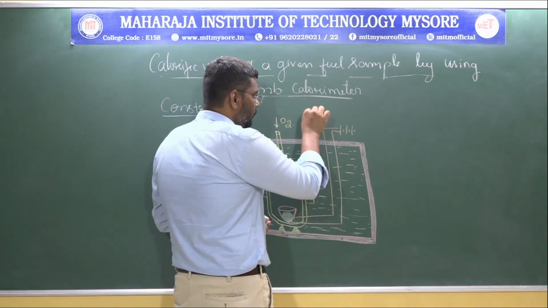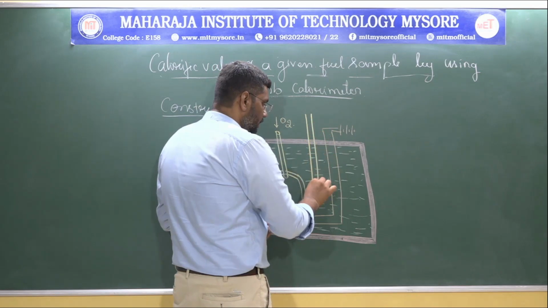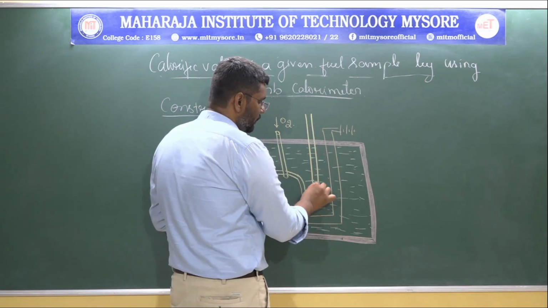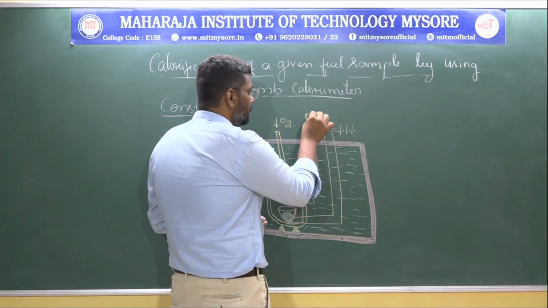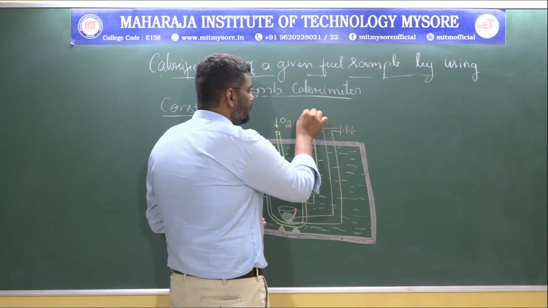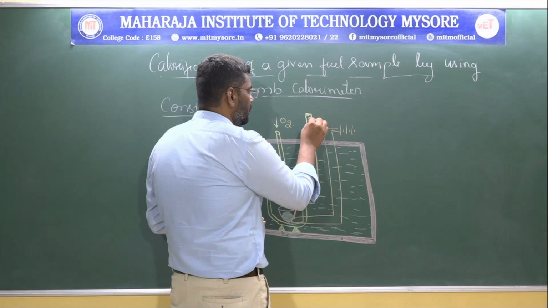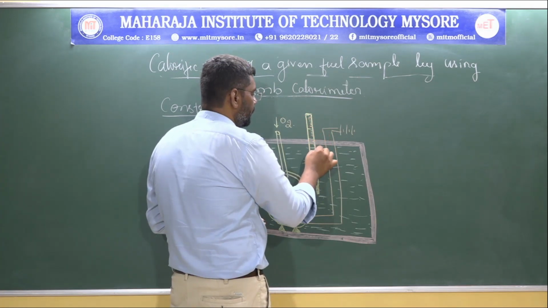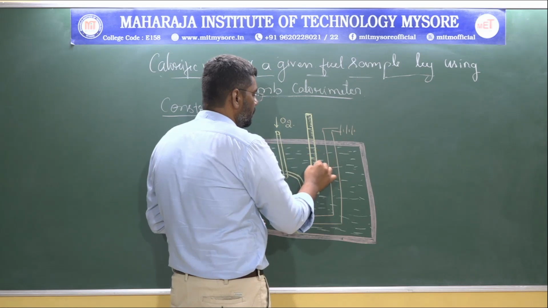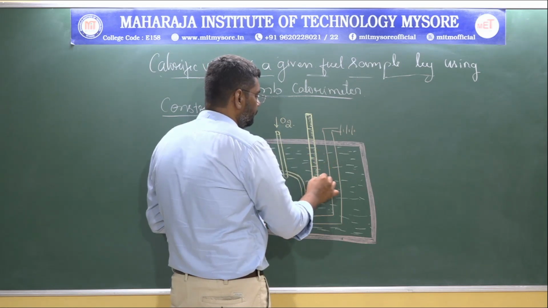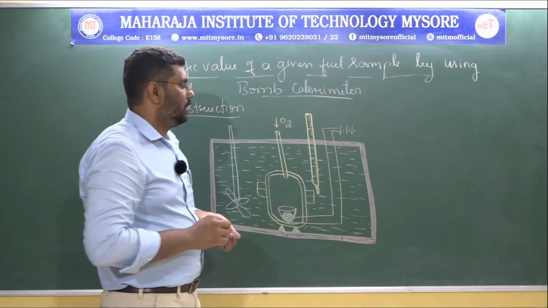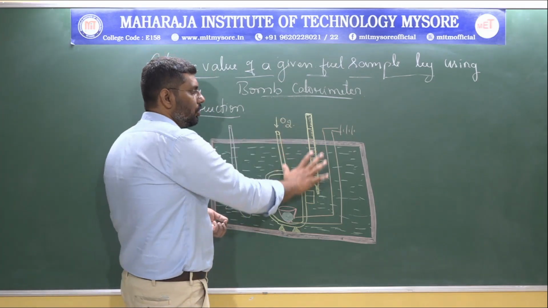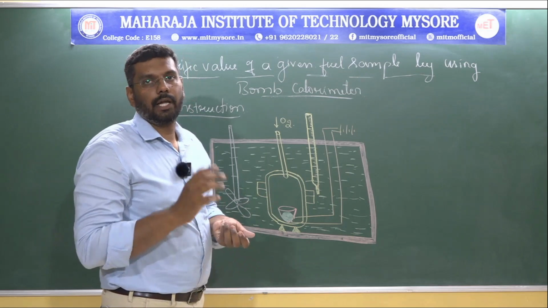So we are placing a Beckman thermometer inside this water body, just to know the rise in temperature, which is very important to know about the ignition process. So this constitutes the overall bomb calorimeter.